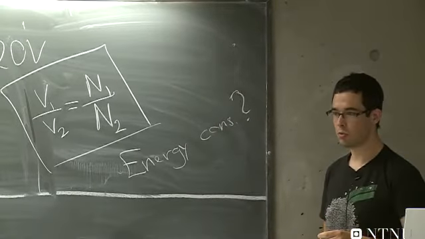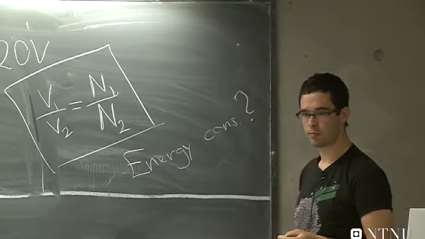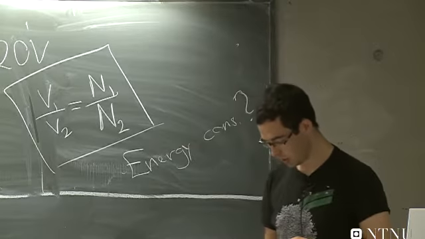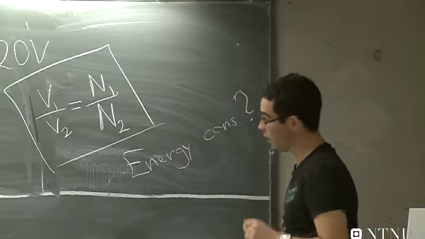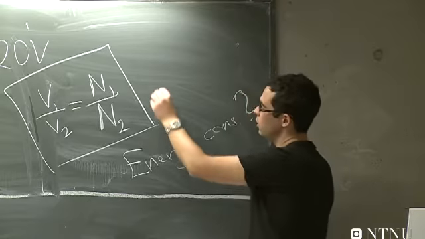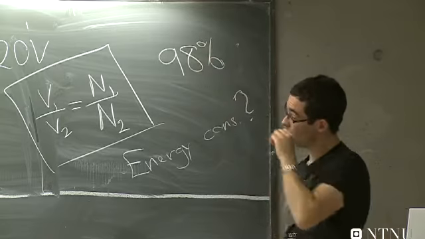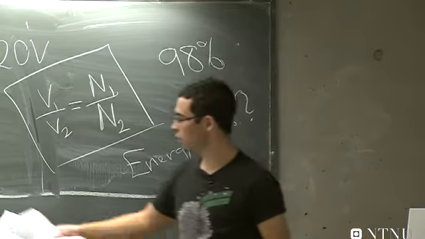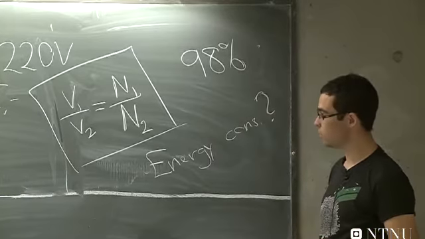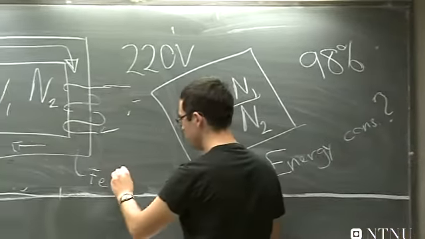So I hope some of you will have the answer by Monday. It's not too hard, but you can get some hints in the book. And as another comment, this is one of the most efficient machines known by man. You can actually get transformers that are more than 98% effective, even when using standard ferromagnetic cores and so on.